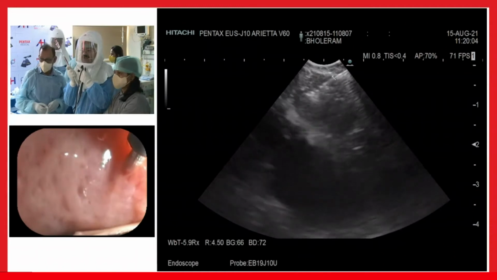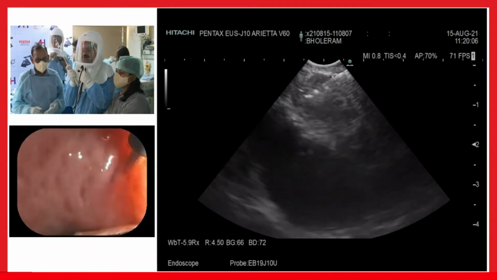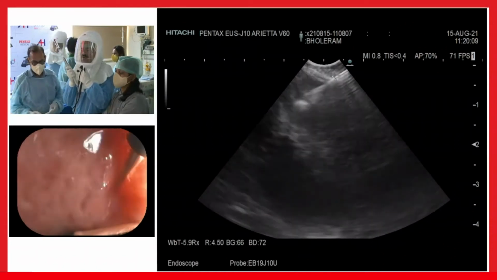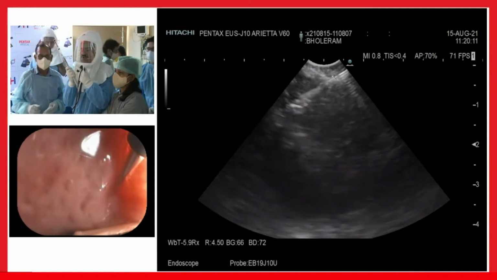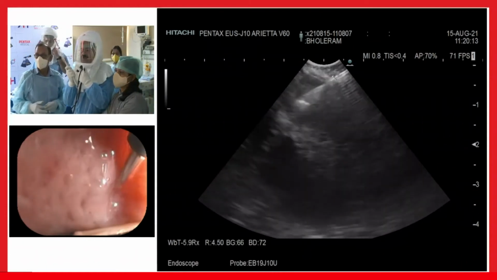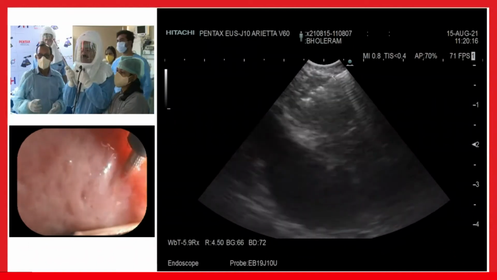So this is the technique, and this is the holding technique. If you can visualize, go slow, pull out slow and go fast, or you can do it multiple times.